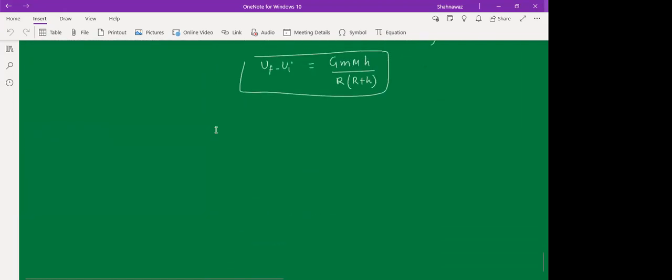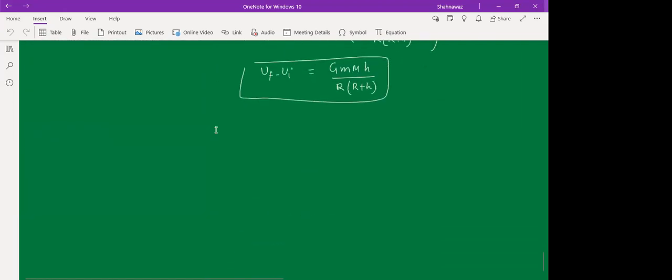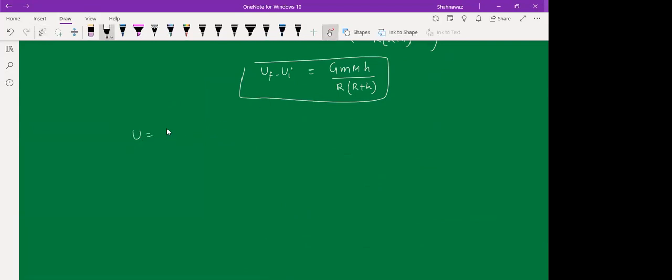So let me just quickly write these things again, and then we'll do some questions. What were the three things that we studied? The potential energy, this is simply G m1 m2 by R, minus. This minus represents that it is bound. And then we have work done. Work done was what?